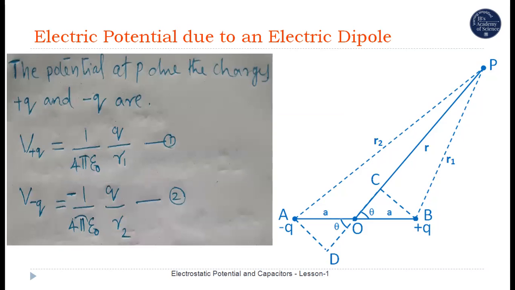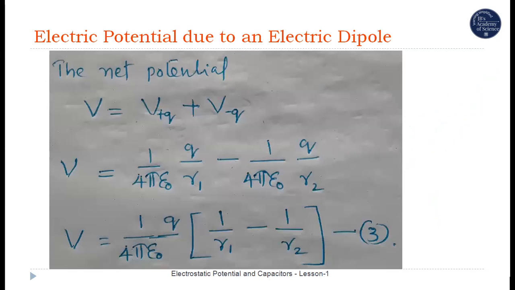So here we can find out potentials due to individual charges at P. Plus Q will produce its own potential, minus Q will produce its own potential. Now, the potentials at P due to the charges plus Q and minus Q are V plus Q is equal to 1 by 4 pi epsilon 0 Q by R1, and V minus Q is equal to minus 1 by 4 pi epsilon 0 Q by R2.